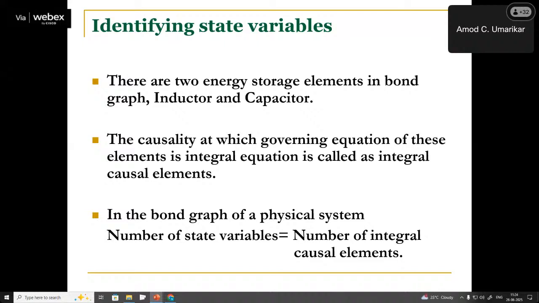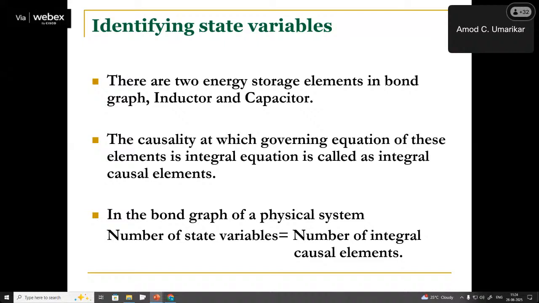When you obtain the equation of an RLC circuit in state form, you generally consider two energy storage elements, right? Similarly in bond graph there are two energy storage elements, that is inductor and capacitor in general form, in the sense not limited to the electrical domain.